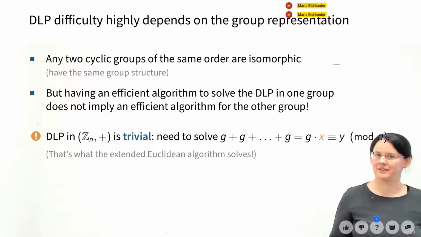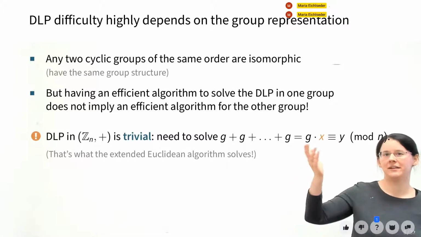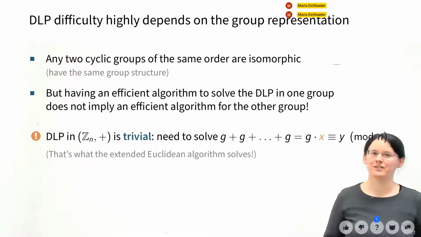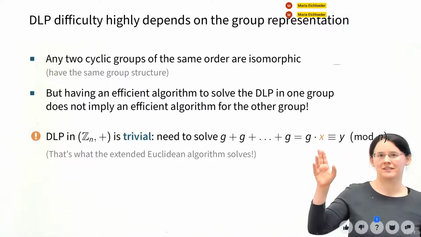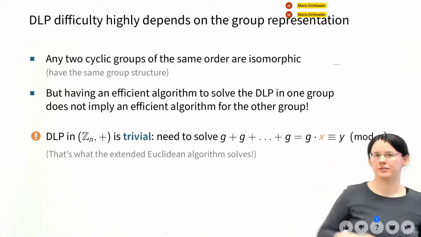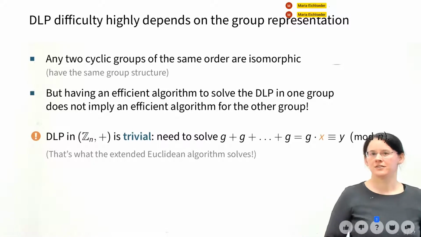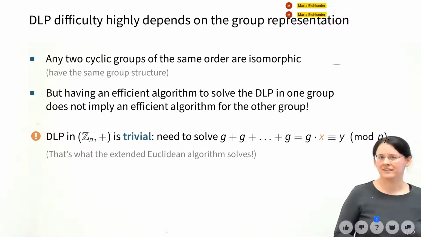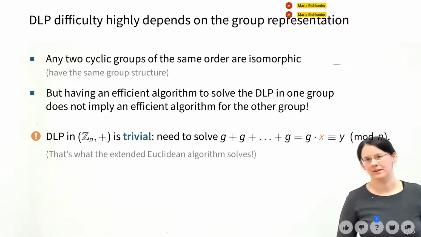Now this is an extremely simple equation because I can simply divide by g. So bring g to the other side and voila, I have a very efficient method to compute x from g and y because I simply multiply y and the inverse of g to get x. So in other words, the discrete log problem in the additive group here is simply the division problem, which is not a problem at all.